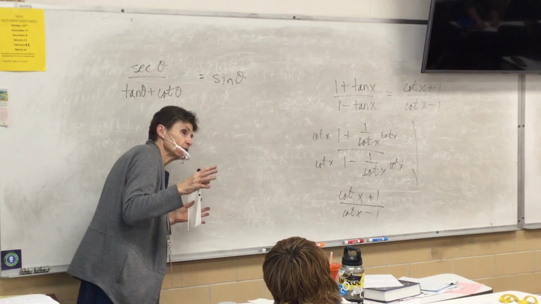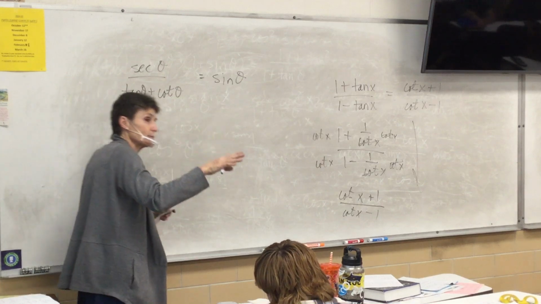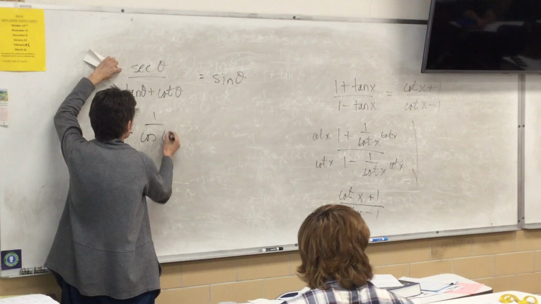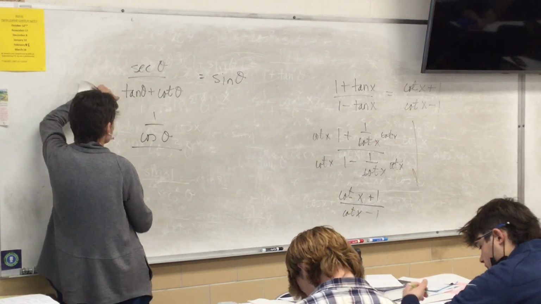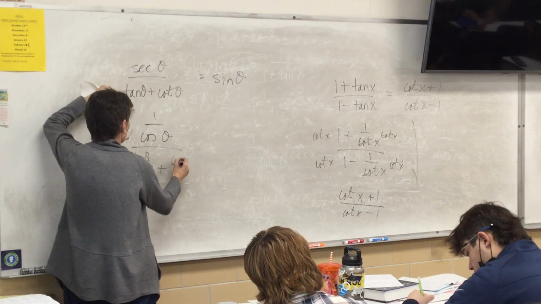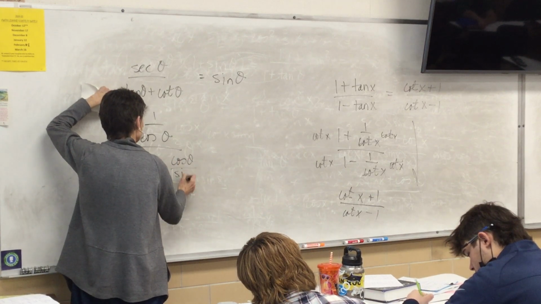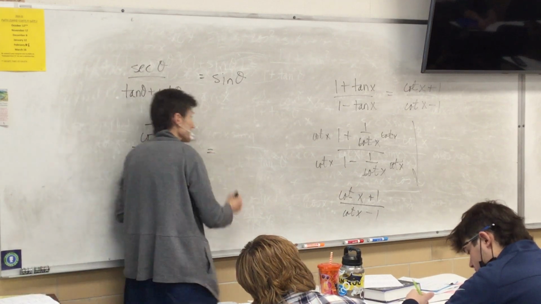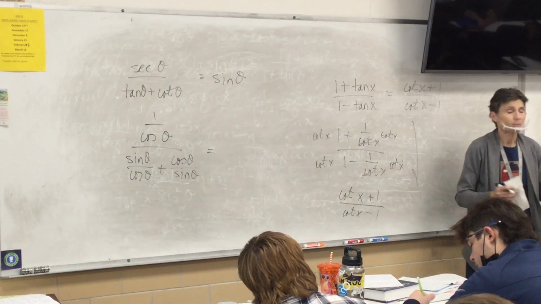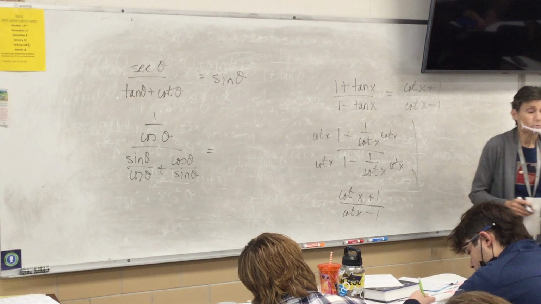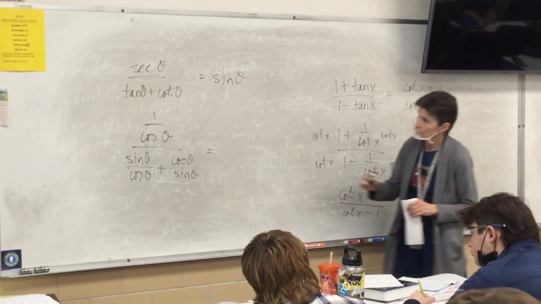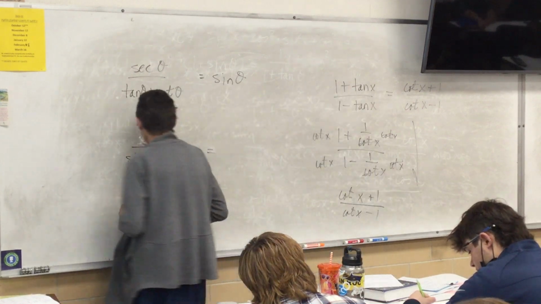Does that make sense to you? So we can do what you said, but I don't think it's going to help us. So we have 1 over cosine over sine over cosine plus cosine over sine. You need to memorize the basic identities, the reciprocals, the quotient identities. You need to get those memorized so that you can go straight from here to here without any trouble.